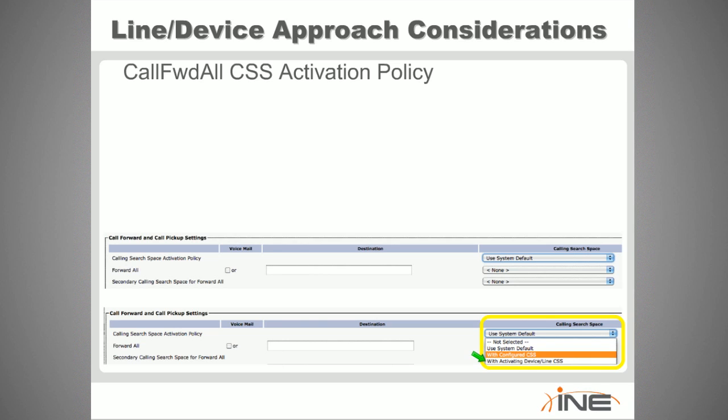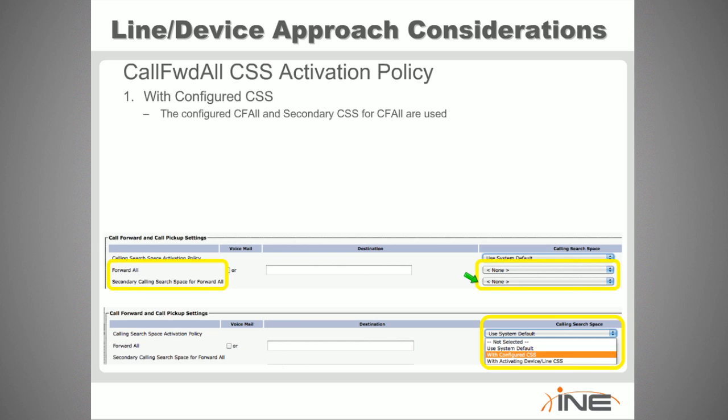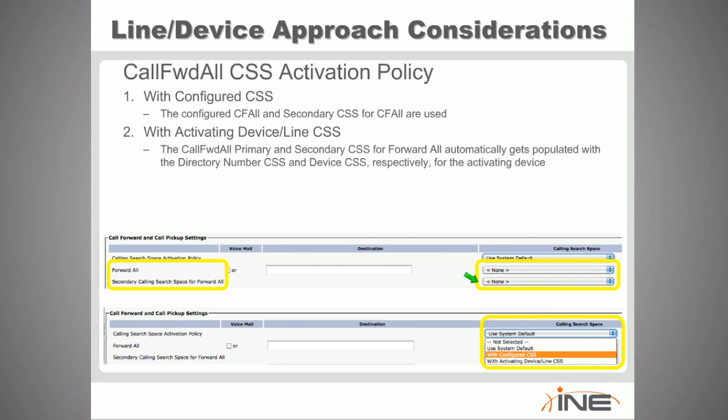With activating device line CSS, that says forget about putting anything here, just go ahead and use whatever class of restriction and local gateways that I normally use on my line device. Go ahead and use that for my call forward all as well. Okay, so here we're showing the configured call forward all and secondary are used.